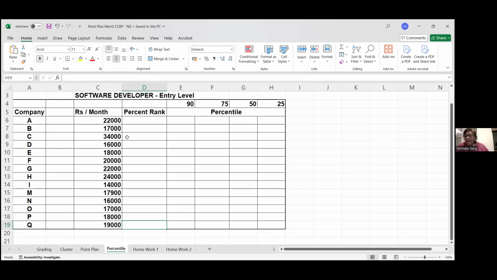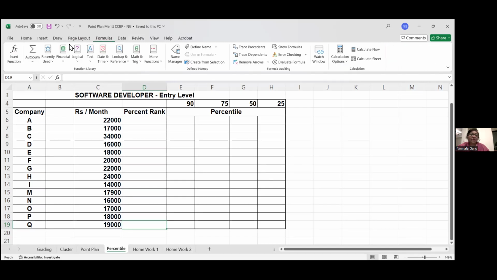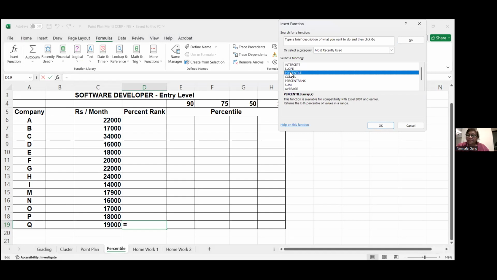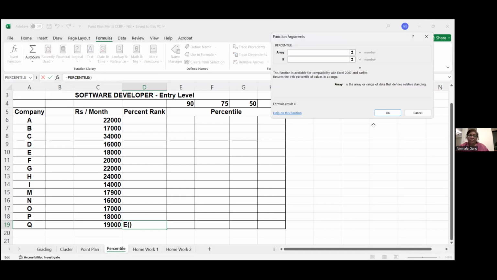So let me tell you. Excel gives you an excellent method to do it. What you need to do is go to Formulas, Insert Function, and choose percentile. Then it asks for the array. What should I take?